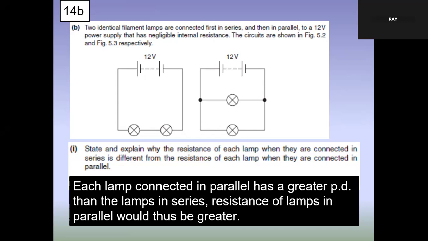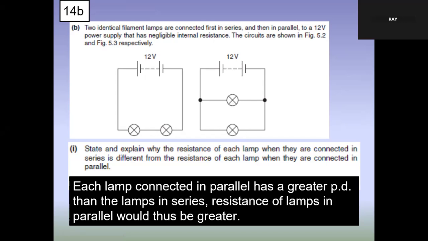Resistance of the lamp in parallel would thus be greater. In series, the two lamps share the 12 volt, so each of them will be 6 volt. So when you calculate, the resistance will be lower. Whereas in parallel, the 12 volt is across each lamp, so the resistance will be greater.